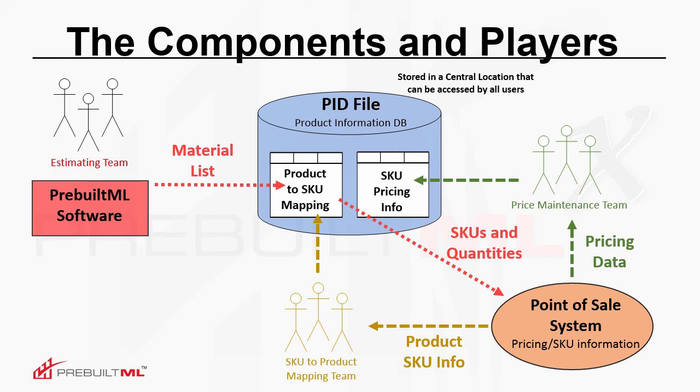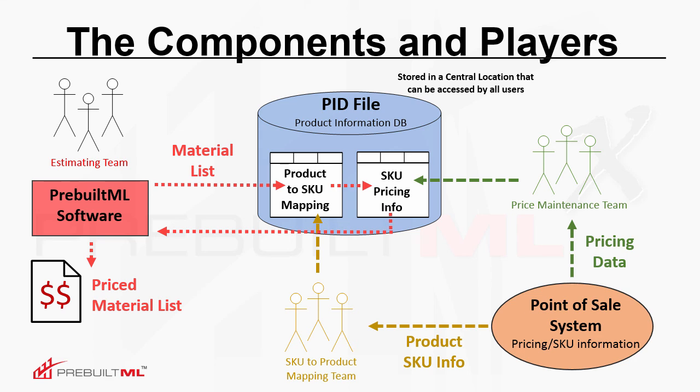But if you're going to allow the PrebuiltML software to price it for you instead, at that point, PrebuiltML will also consult the SKU pricing information that you've provided, return that through the software, and price out your material list accordingly.